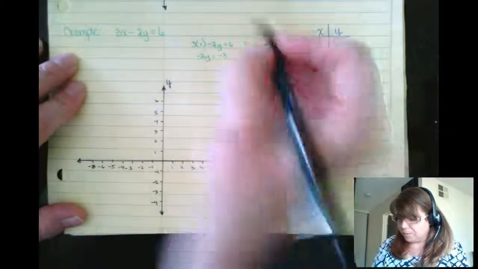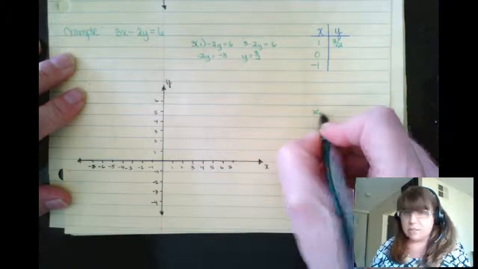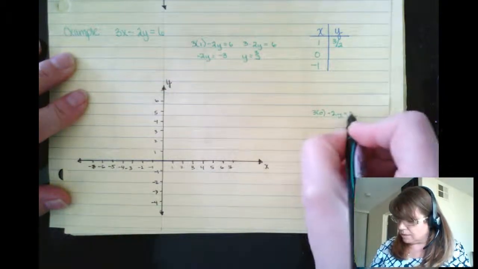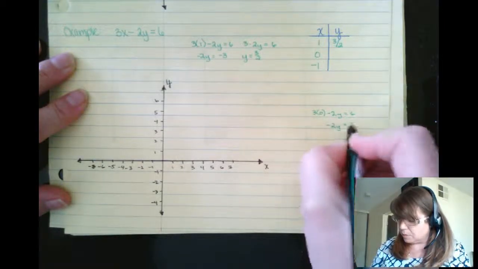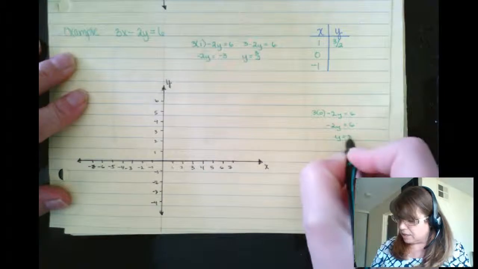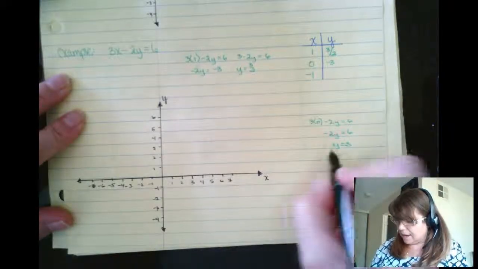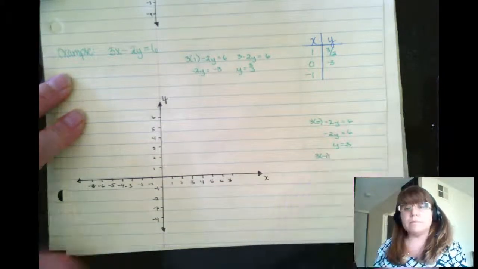Let's use 0. I'm just going to do it off to the side here. 3 times 0 minus 2y equals 6. 0 minus 2y equals 6, so y equals negative 3. That's a little bit easier to plot, at least. And let's try when x is negative 1.